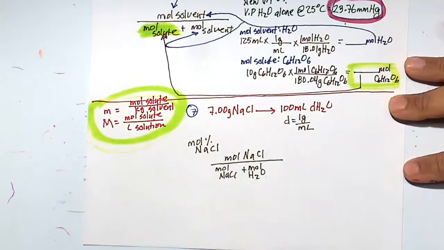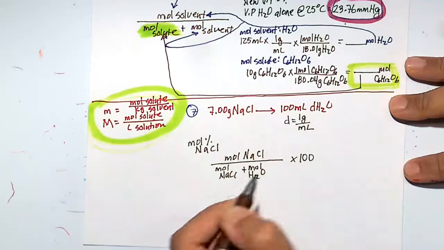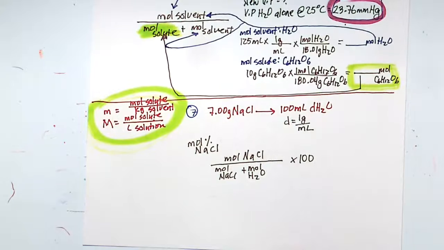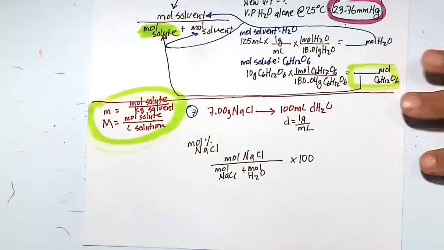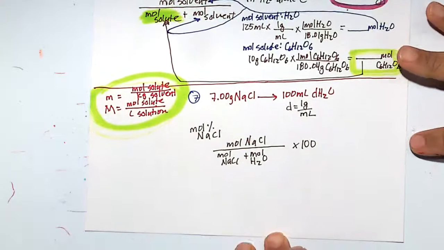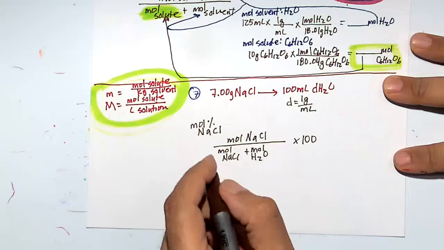Water. To get it as a percent, we have to multiply it by 100. So take the 7 grams, convert it to moles.